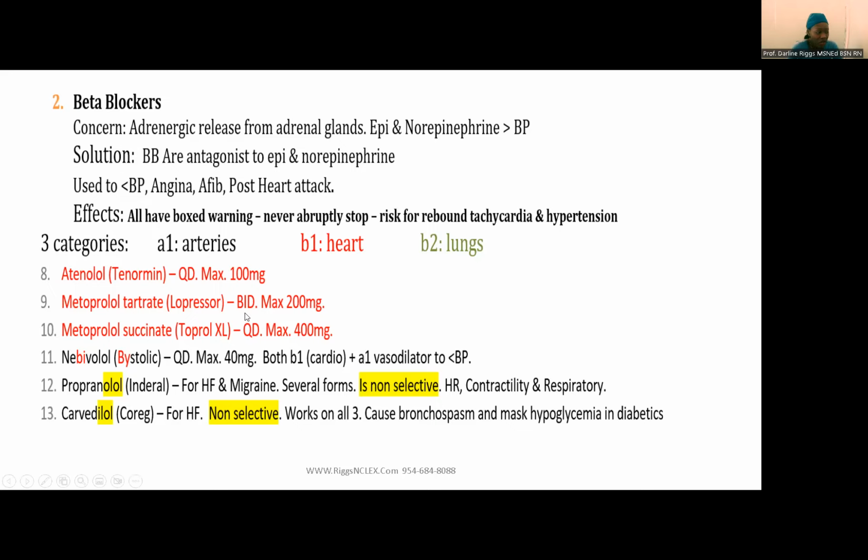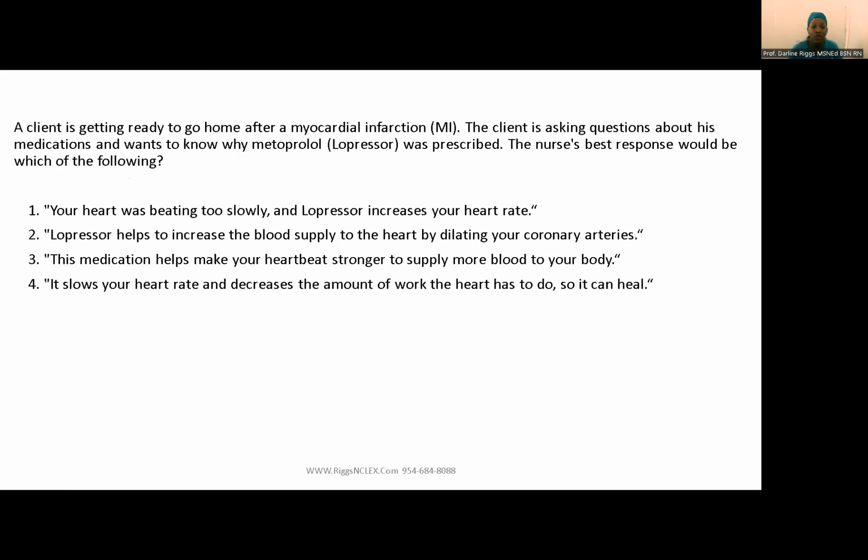I could make this question with any of these drugs, and I'm testing to see that you know which ones work on the arteries, which ones work on the heart, which ones work on the lungs. And if I were to switch this to propranolol, I would make the client have a history of some type of respiratory problem to see if you know that content. So you see how you should study. When you're studying, you're thinking that way. And then when you do your rationale, that's where you learn some of these other angles that the question may come at you.